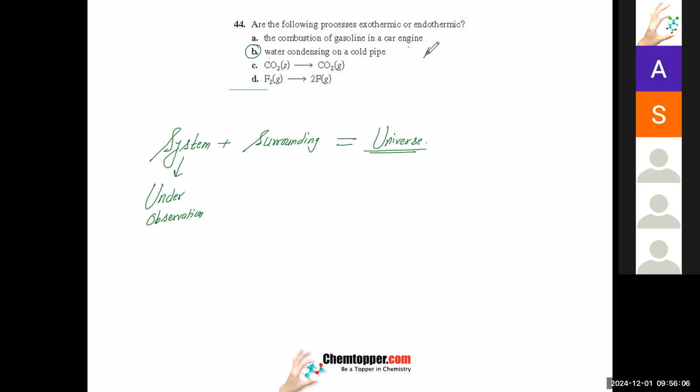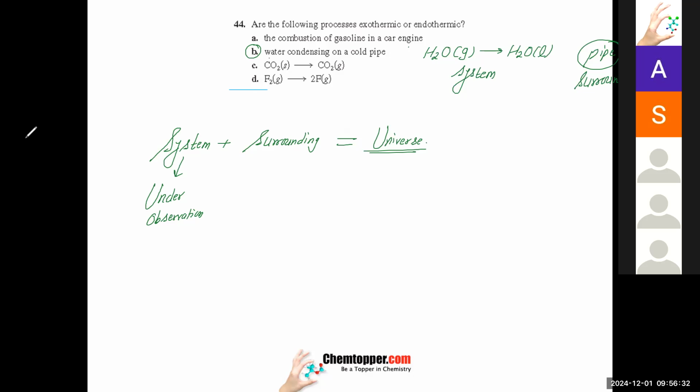Water is condensing. So water is going from gas to liquid. So what is water? Water is the system. And what is the surroundings? Pipe is the surroundings. So what is happening?